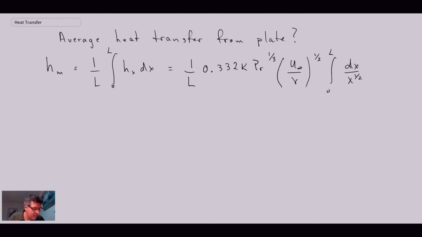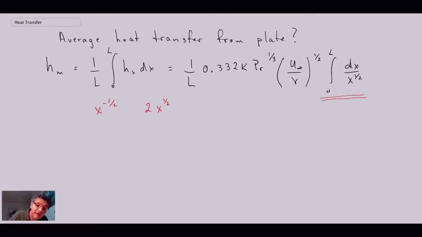Now, this is a peculiarity, something interesting with the laminar boundary layer. We have an integral of x to the minus 1/2. When we integrate that, we're going to get 2x to the 1/2.